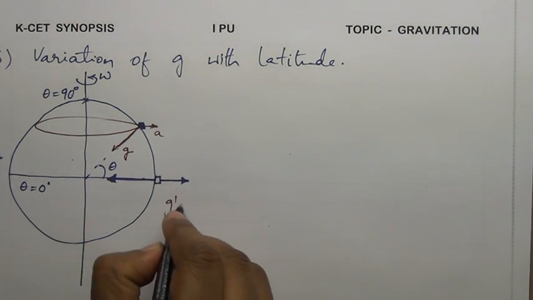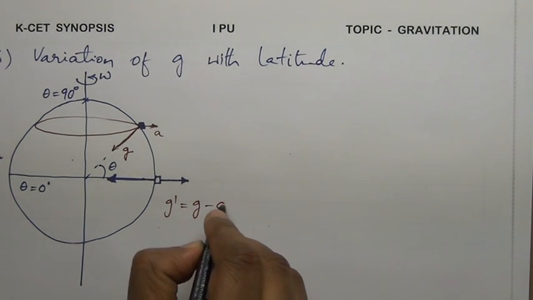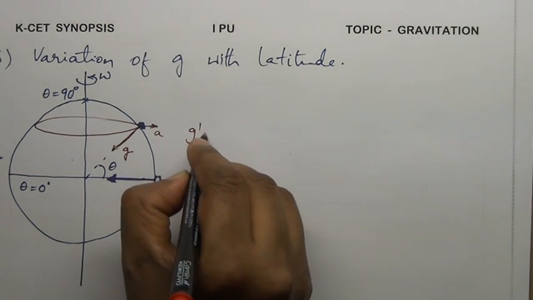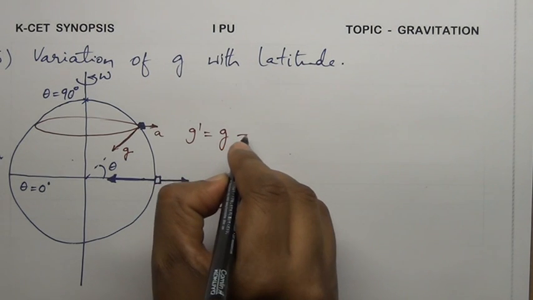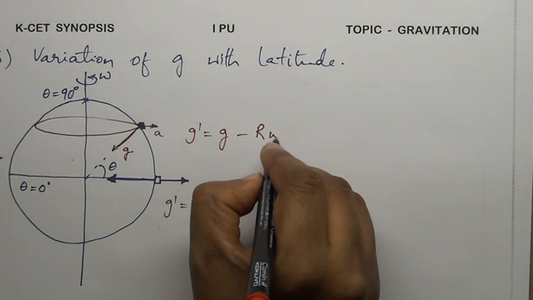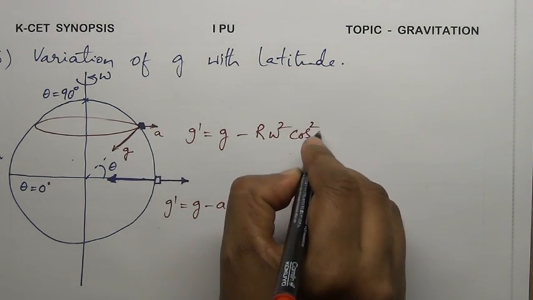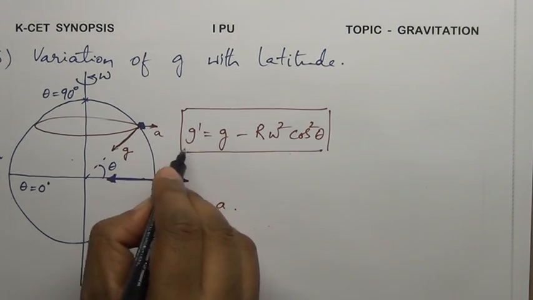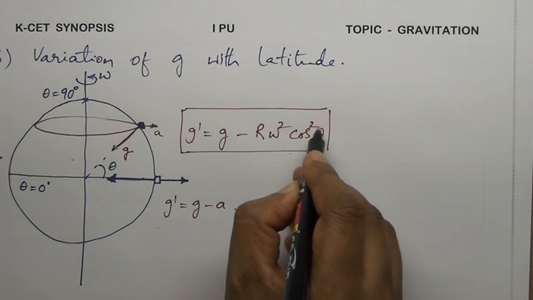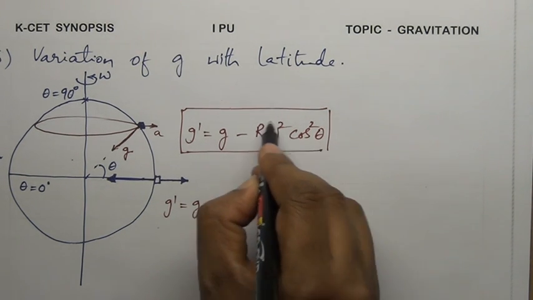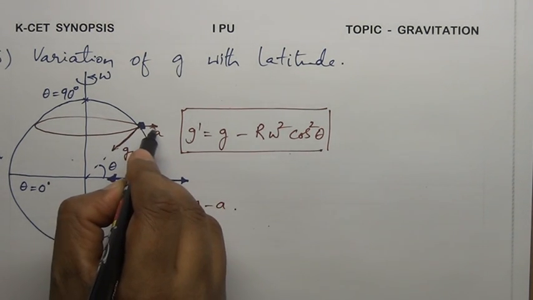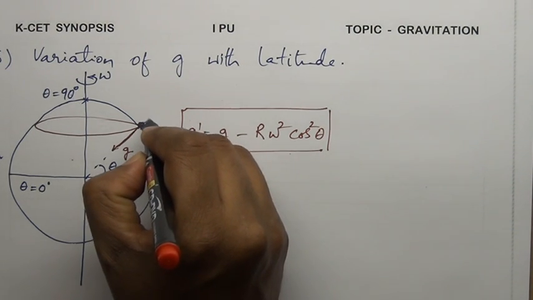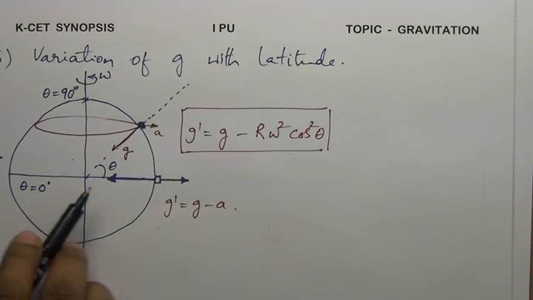Here g prime equals g minus a. Here also g prime equals g minus R omega square cos square theta. So this is the equation to find acceleration due to gravity. This is due to the component of centrifugal force in this direction. Let me repeat.